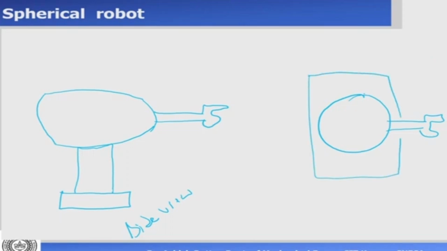Now, what are the degrees of freedom of this? This is my end effector. What are the various degrees of freedom? On the top view, it can rotate about this axis. If you can see, the perpendicular axis is here, and from the top view I see this axis as a point, and it can rotate like this.